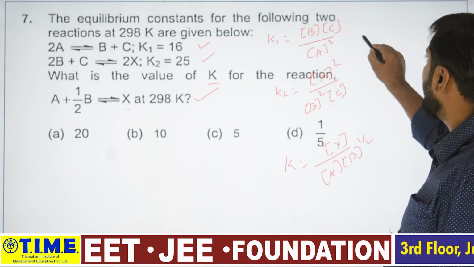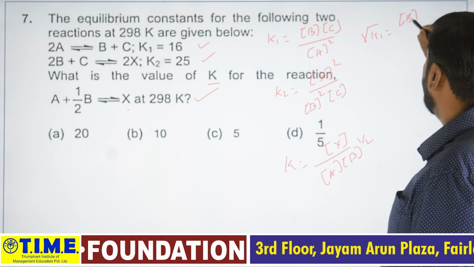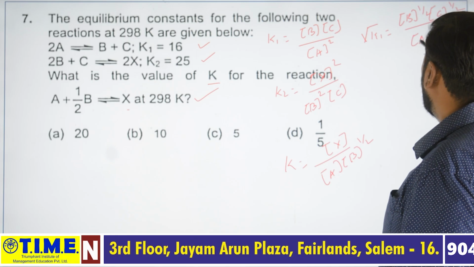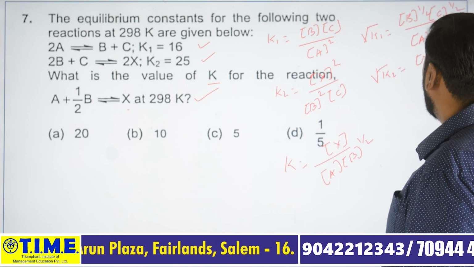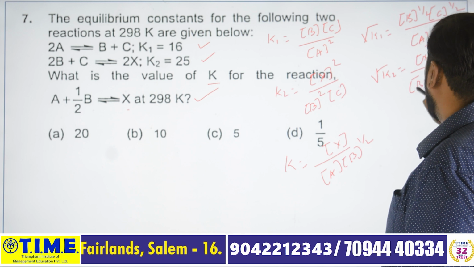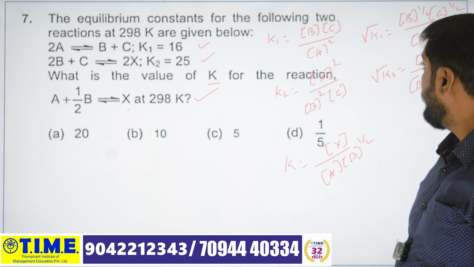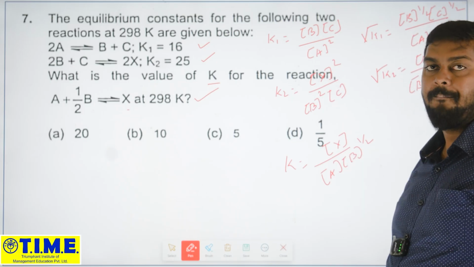We can take root of K1. Root of K1 will be concentration of B power half and concentration of C power half divided by concentration of A. Similarly, for K2, it will be concentration of X divided by concentration of B into concentration of C power half, right? By multiplying root of K1 and root of K2, let us see whether we will get K.